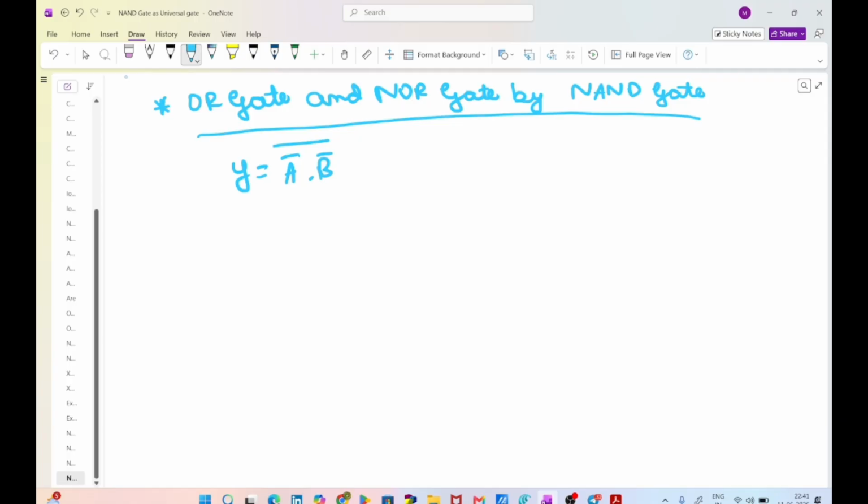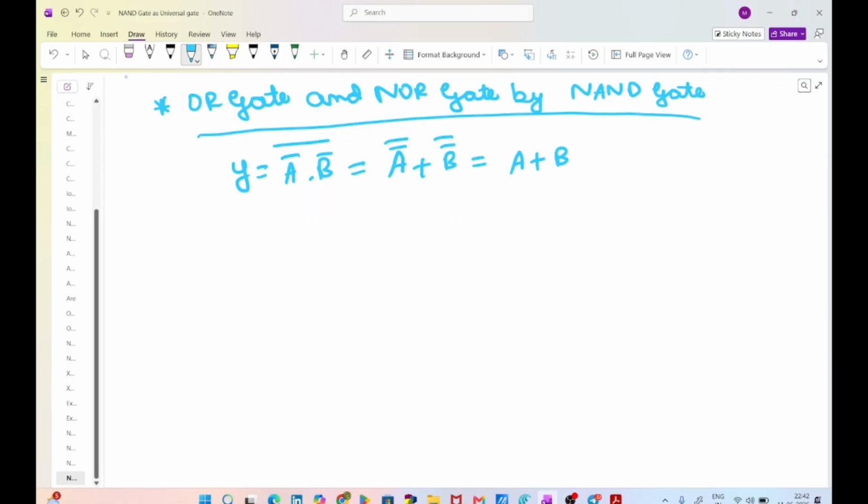By De Morgan's theorem, it can be written as A bar whole bar plus B bar whole bar, that is A plus B. We know that A bar whole bar is A, and B bar whole bar is B. Let us implement this using the NAND gate.